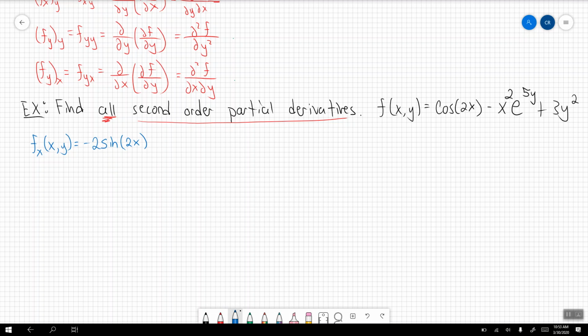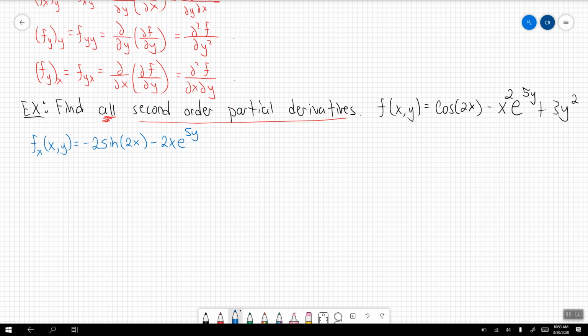E to the 5y is a constant when I'm taking this partial derivative, so I only need to take the derivative for x squared, which will be 2x, so it's minus 2x e to the 5y, then plus 3y squared, but 3y squared, if we're differentiating with respect to x, that's a constant, so the derivative of a constant is 0. Good.